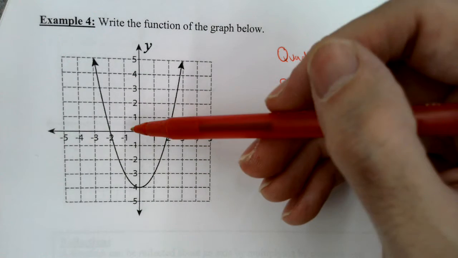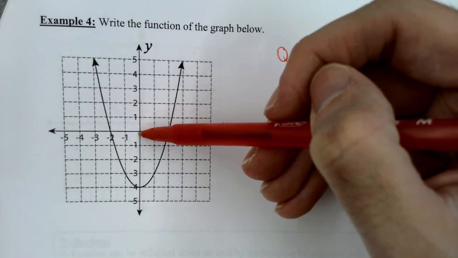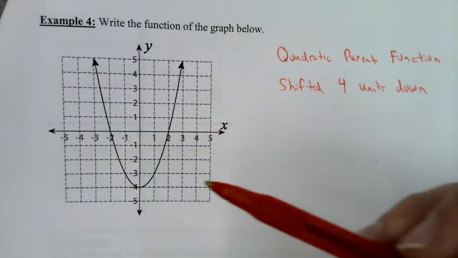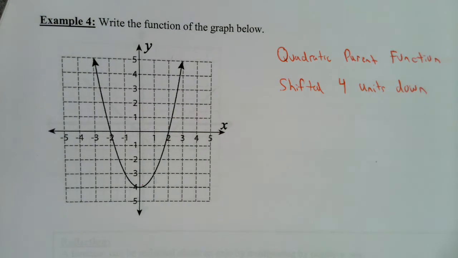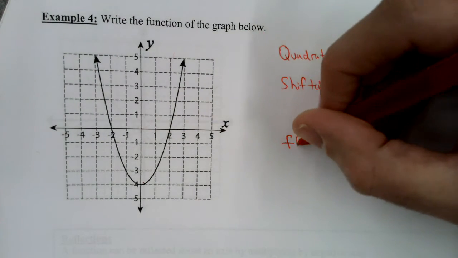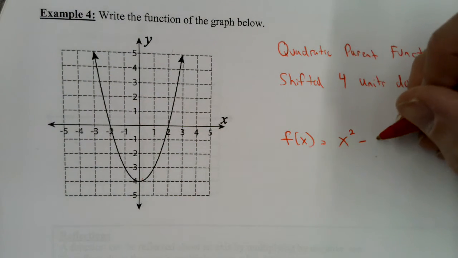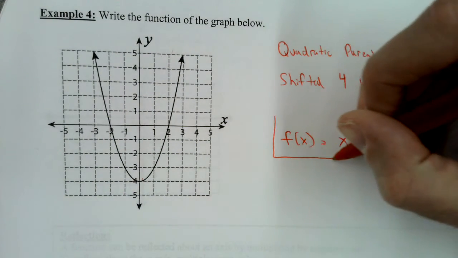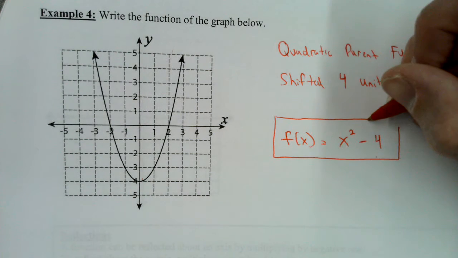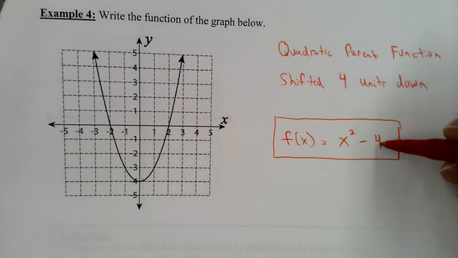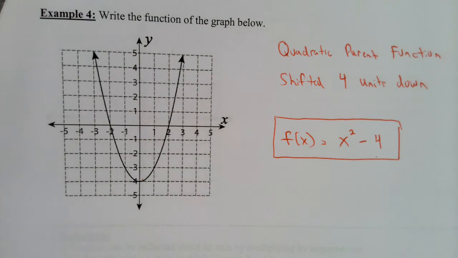Because if you think back to the parent function, it was at 0, 0, the vertex, and it went up last class. So I'm shifting it down 4. So to write that, I'm going to say f of x equals x squared minus 4. This number at the end tells you up or down. So down 4.